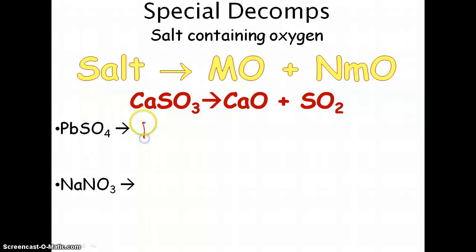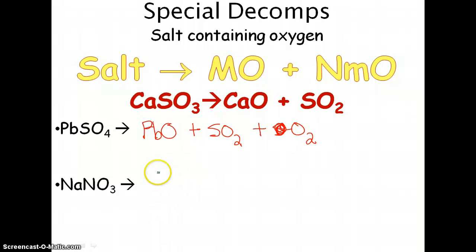So lead sulfate is going to break into lead oxide. Pb is 2 plus, O is 2 minus, so we just stay like that. And the nonmetal oxide, which is SO2, if you remember from the previous case when SO4 breaks down. And then you also get the extra O2 hanging out there. Okay?